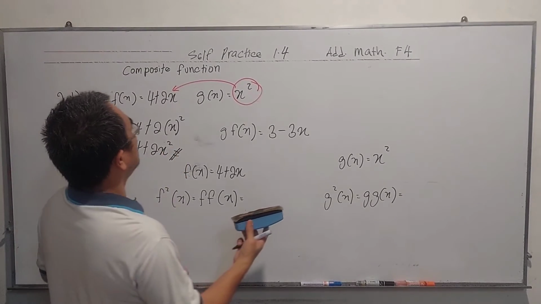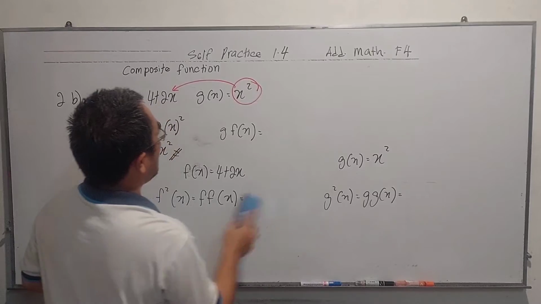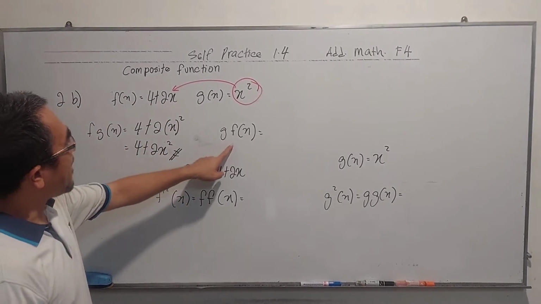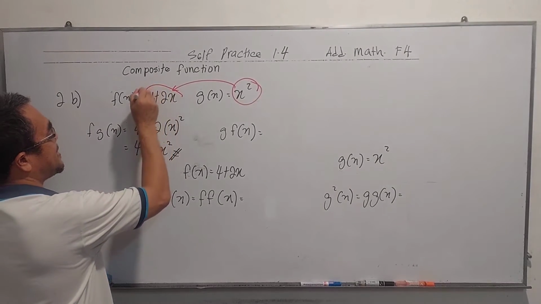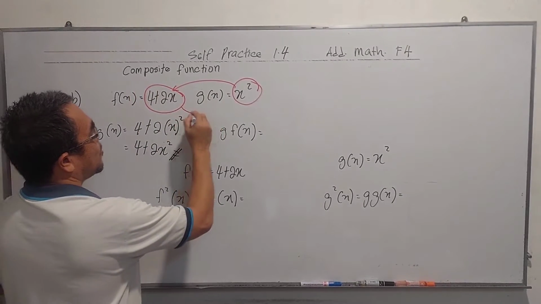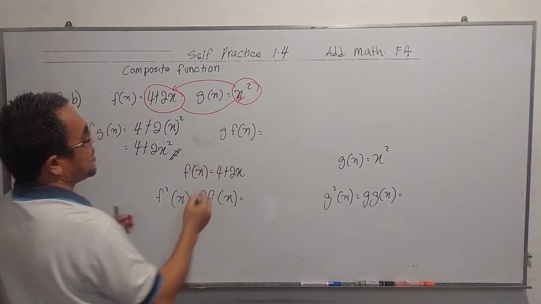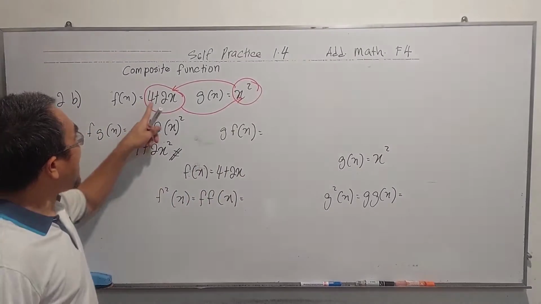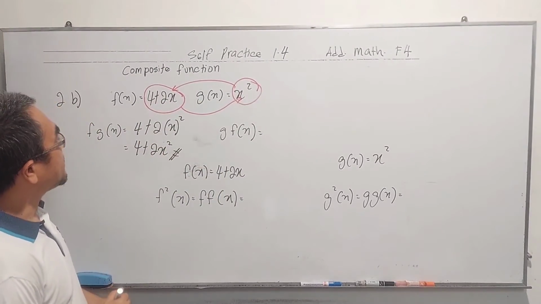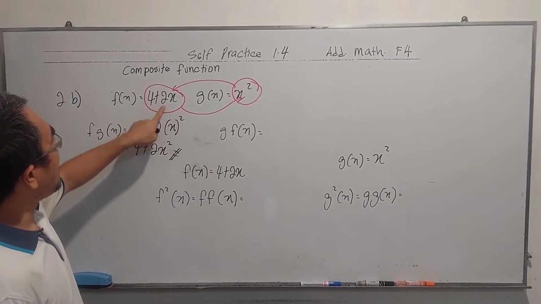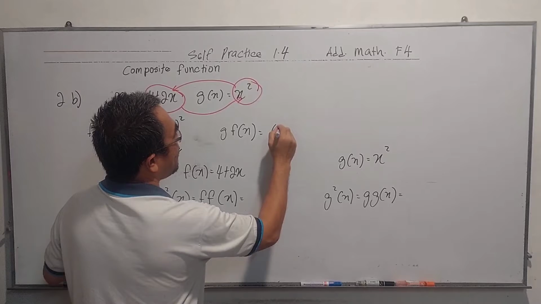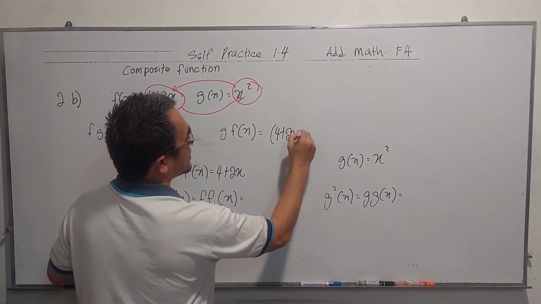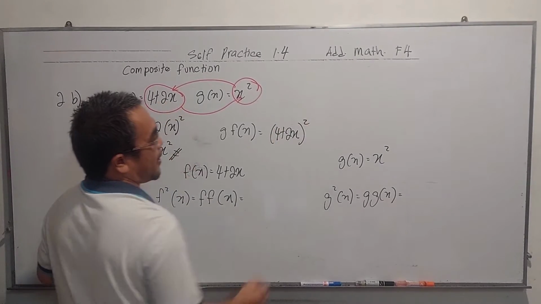And how about gf(x)? The other way, you replace f into g. So you move this to the other side, and it becomes 4 plus 2x all squared.